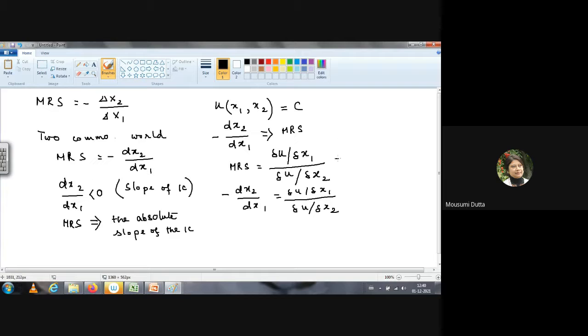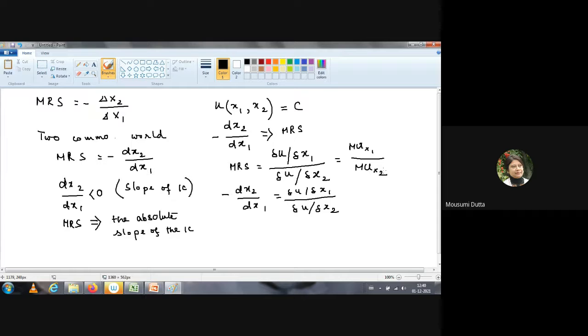Okay, so this is also called del u by del x1, which means change in utility due to change in x1. Now change in utility due to change in consumption by 1 unit is called the marginal utility.